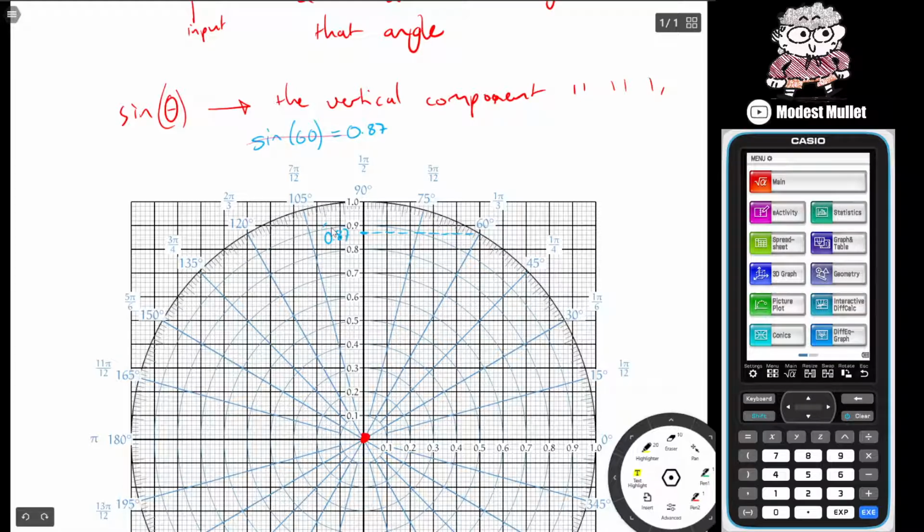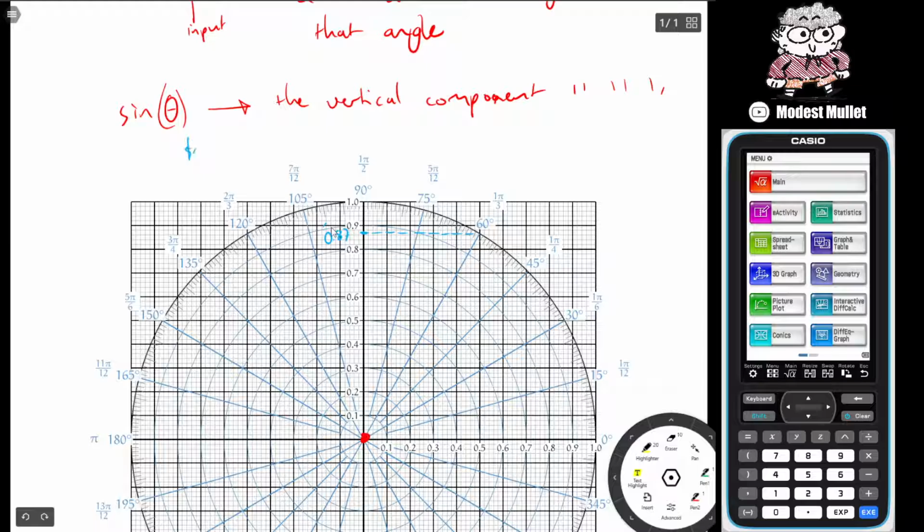Tan is a little odd in that there is a geometric way we can get the size of it. It is a length that we can draw on this picture. But it also has a definition relating to sine and cos, and that's where whether it's positive or negative comes from.